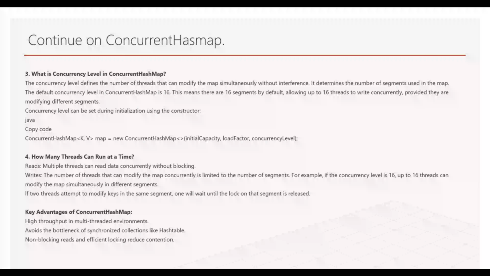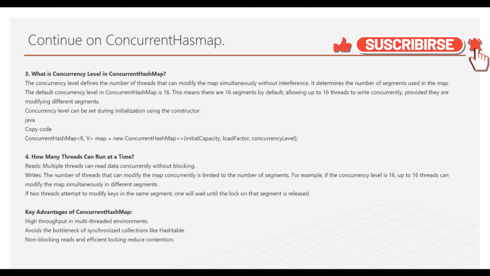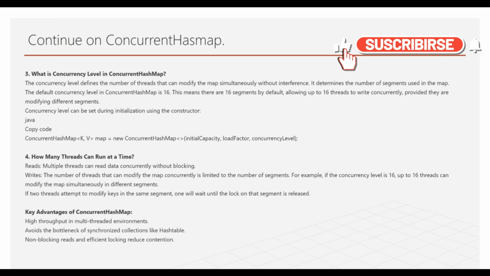If you see the code I have written here, there is a map which is a concurrent hash map. It will have the initial capacity, the load factor, and the concurrency level, right? These details are required when you create it. It's not mandatory, but if you don't provide them, the defaults are added.